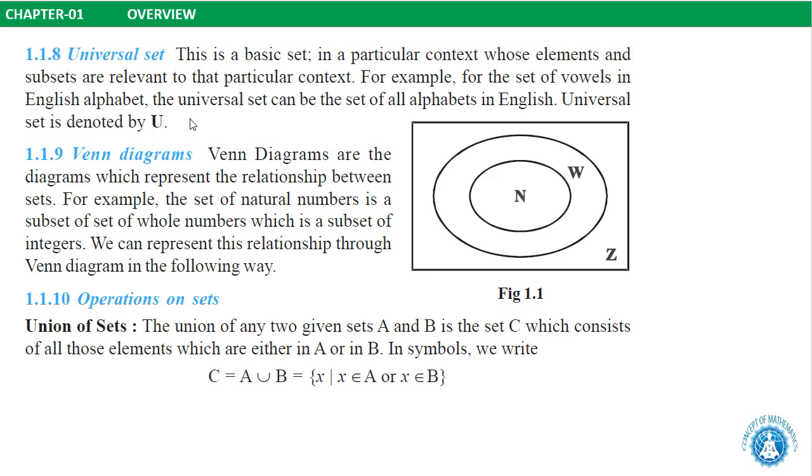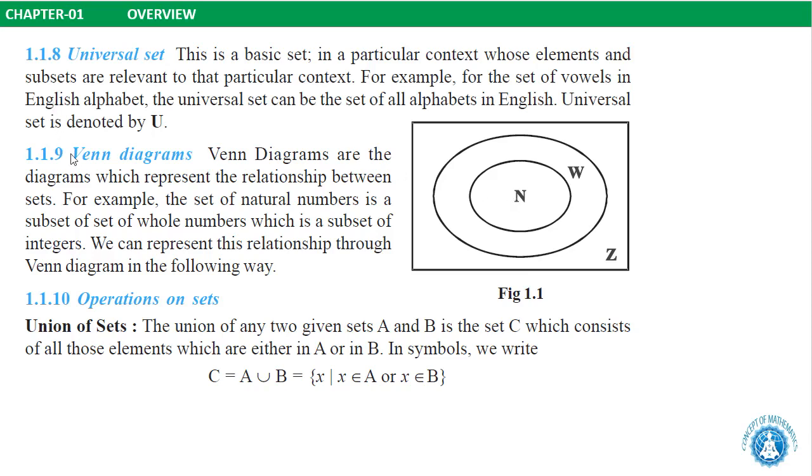Also, when you are talking about some numbers, that is 1, 2, 3, 4 and like that, then the set of natural numbers can be taken as your universal set. So universal set might differ depending upon a particular context.